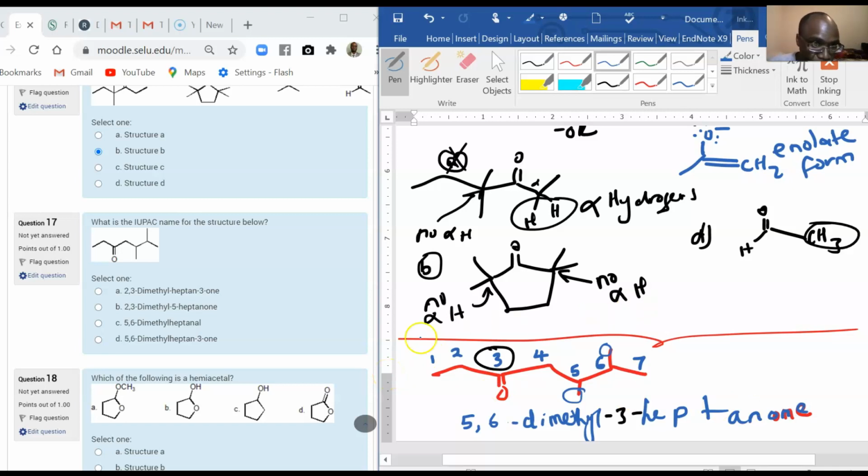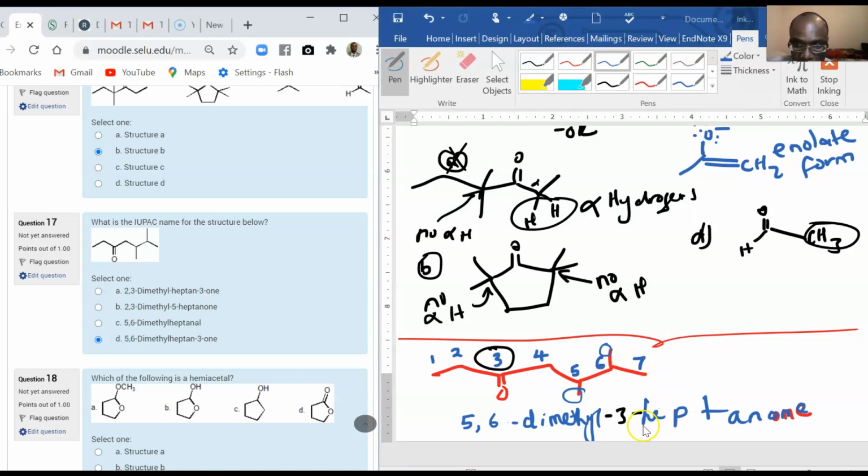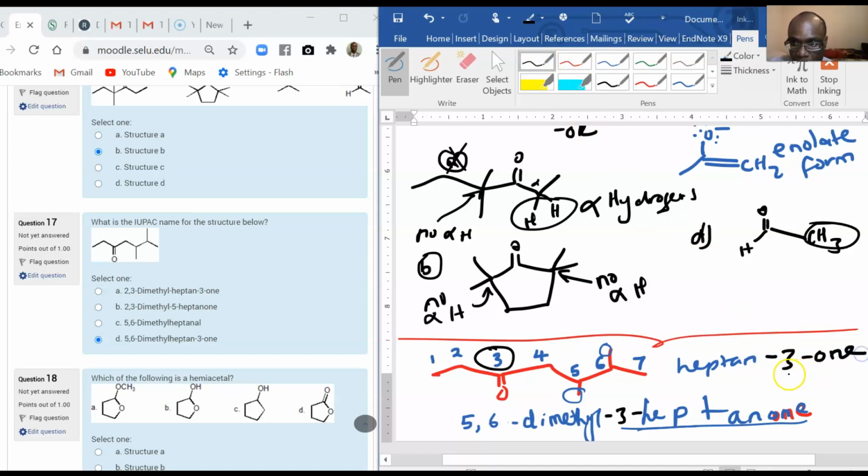Okay, so you can also call it 5,6-dimethylheptan-3-one. It's the same thing. The ending here could be 3-heptanone, or you could say heptane, and then you put your 3 in just before the ONE, because the 3 defines the one, the position of the carbonyl of the ketone. That's what the 3 defines.